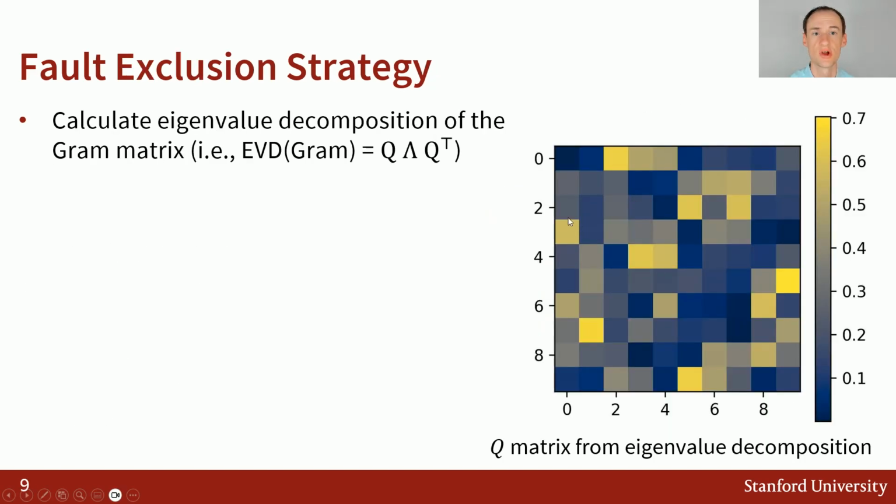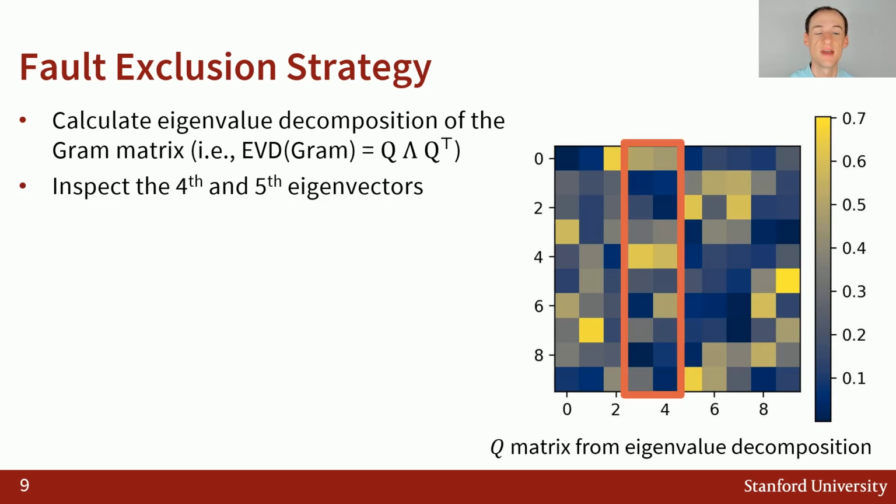And so for our fault exclusion strategy, we calculate the eigenvalue decomposition from the previous slide, and then we use the eigenvectors. The intuition is that these two vectors, the 4th and 5th eigenvectors, give you some intuition into the measurements that are causing those 4th and 5th eigenvalues to be non-zero.